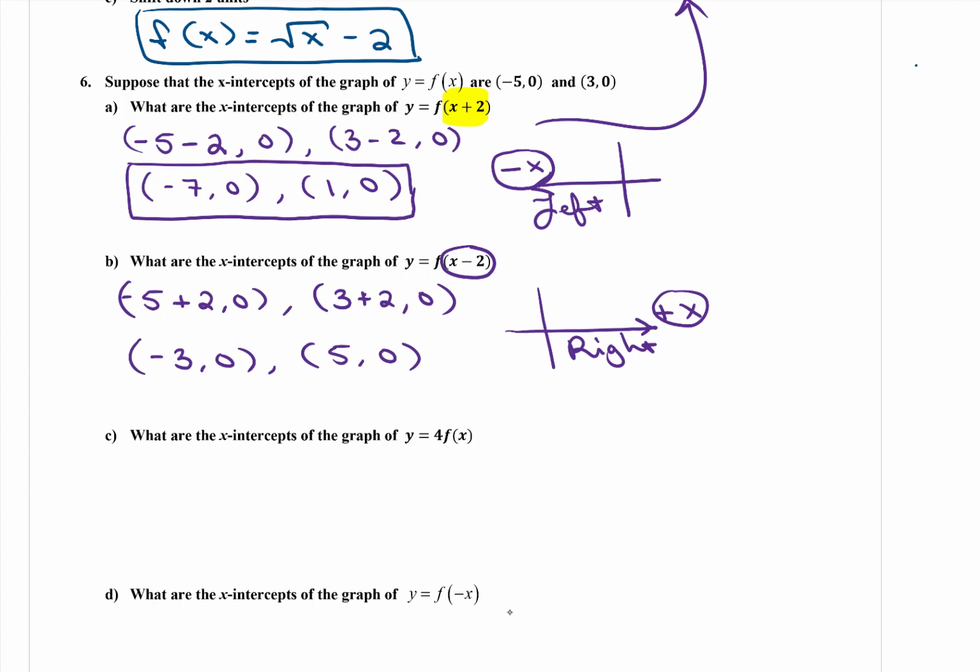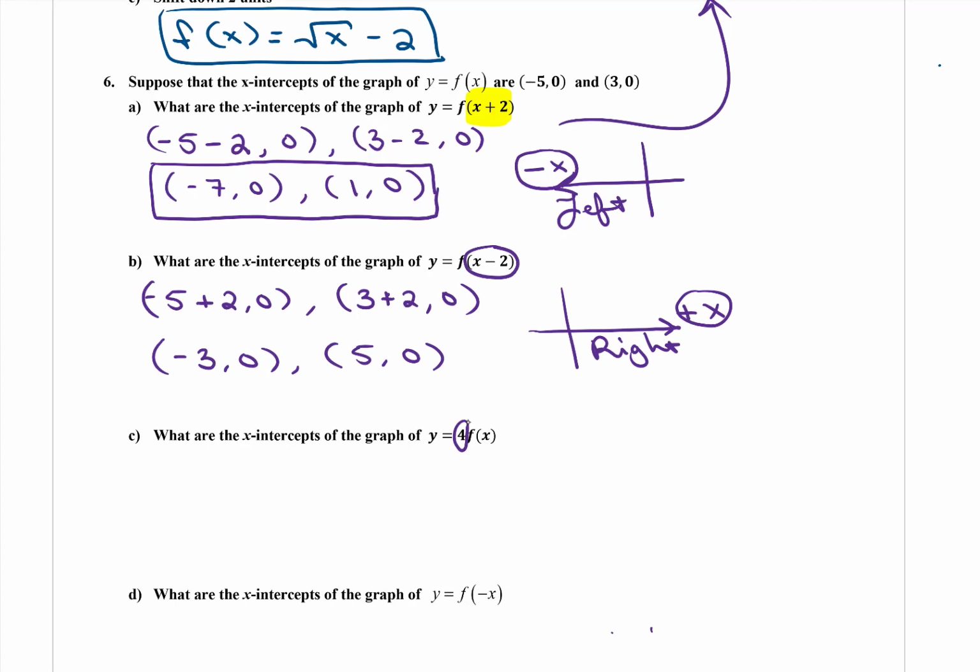Okay, for this next problem C, what are the x-intercepts of the graph y equal to 4 times f of x? So 4 times f of x, we're going to multiply the y values by a factor of 4. So if I were to multiply the y values in those x-intercepts, they happen to be zeros, the y values.